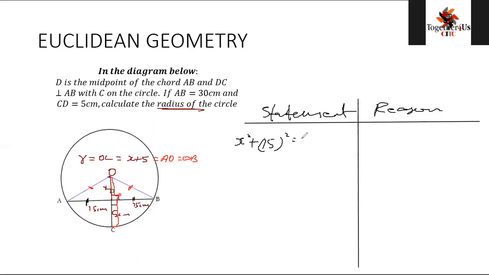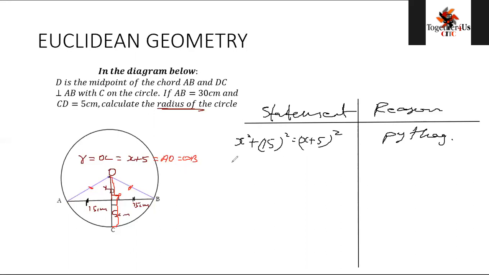But I know now OB is X plus 5 centimeters. So that's just using Pythagoras, all right? So my reason here will just be Pythag. And then the next thing that happens is I have one equation, I have one unknown. So all is nice and easy.